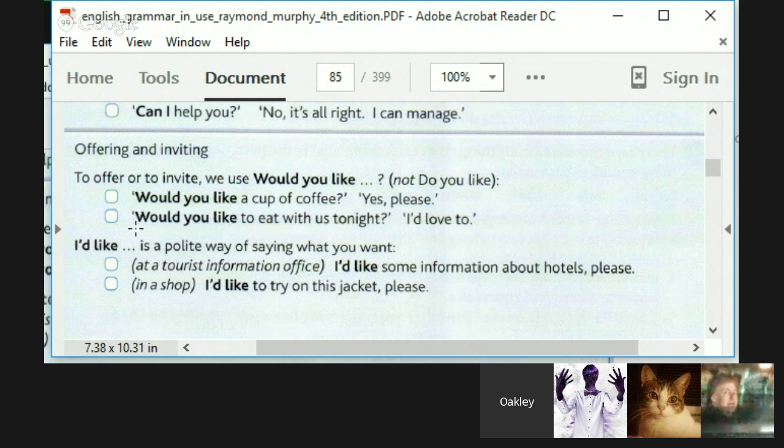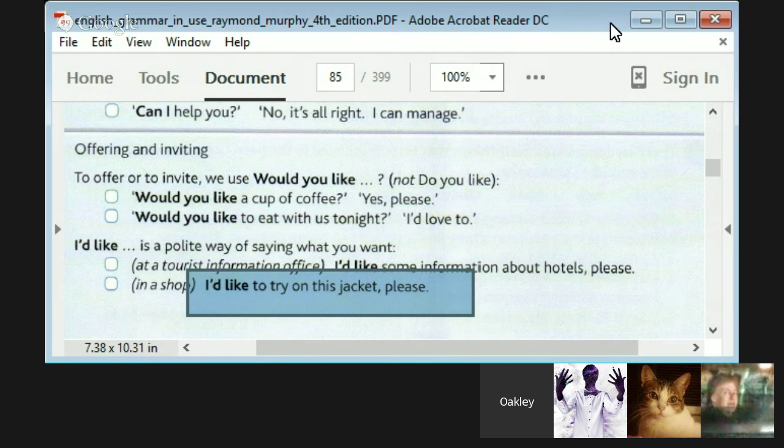It's a polite way of saying that you want something. It's more polite, instead of saying I want cookies, to say I would like a cookie, please. I'd like some information about hotels, please. I'd like to try on this jacket, please. In a shop, talking to a stranger that you don't know, we commonly use I would like when we're requesting something. I would like someone to help me with my bags. Something like that.